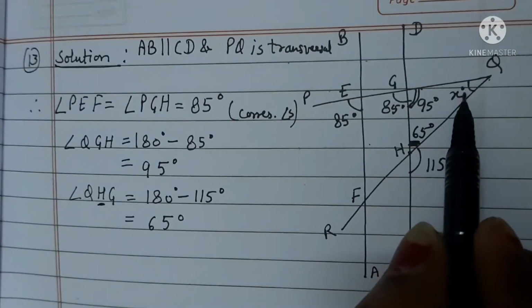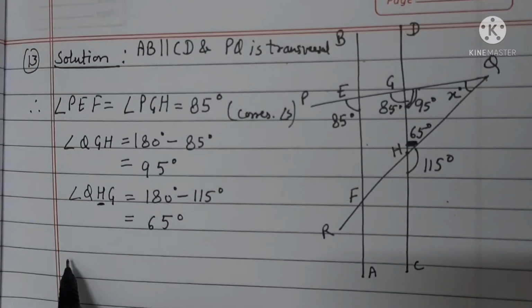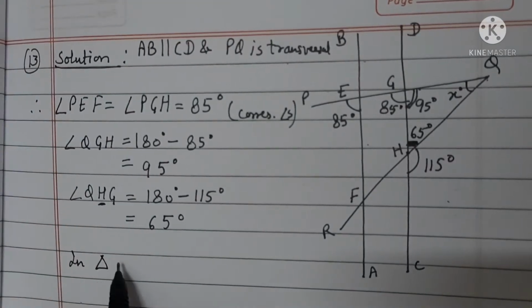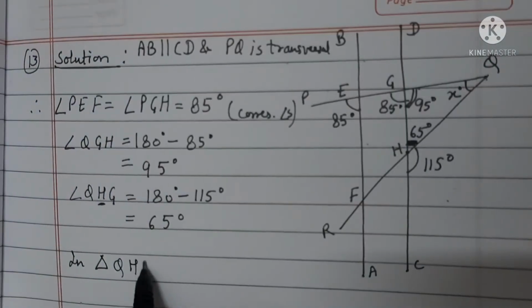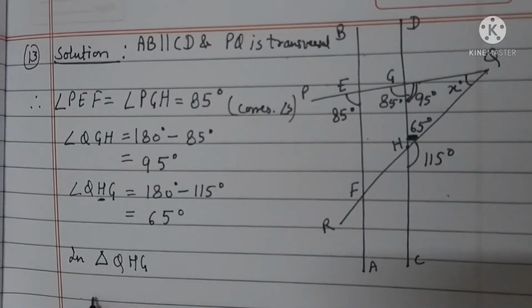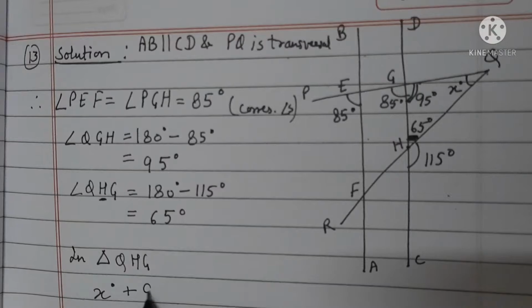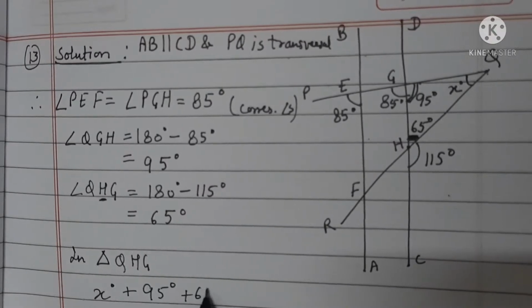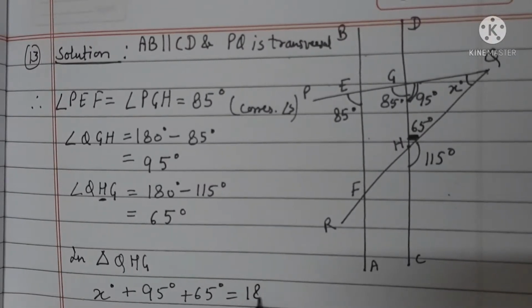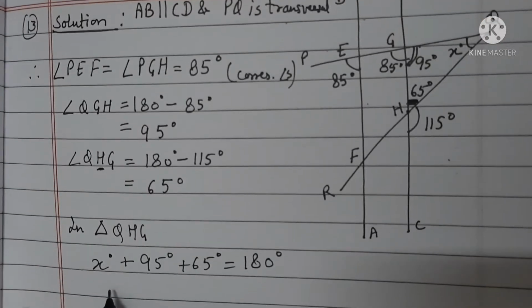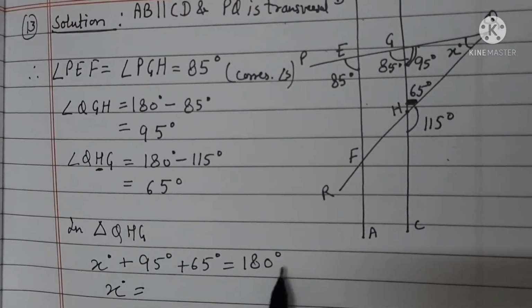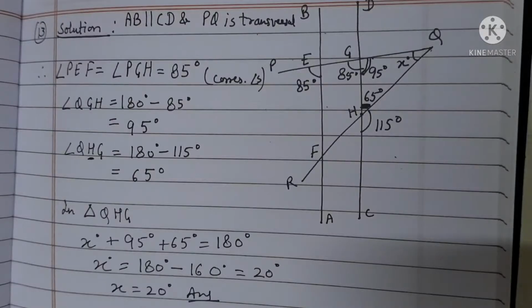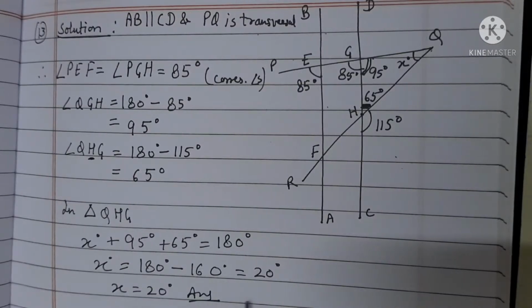So in triangle QHG, x degrees plus 95 degrees plus 65 degrees is equal to 180 degrees. Now calculate it and you will get x is equal to 20 degrees, which is the answer.